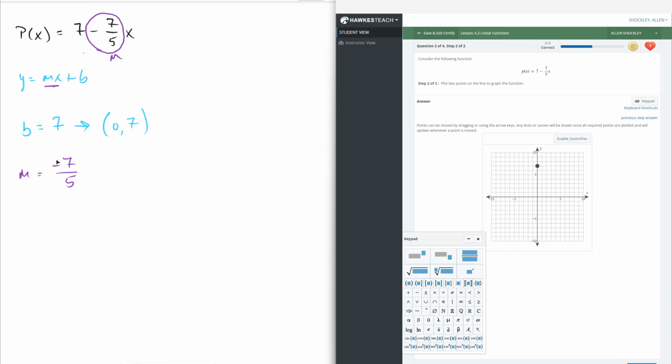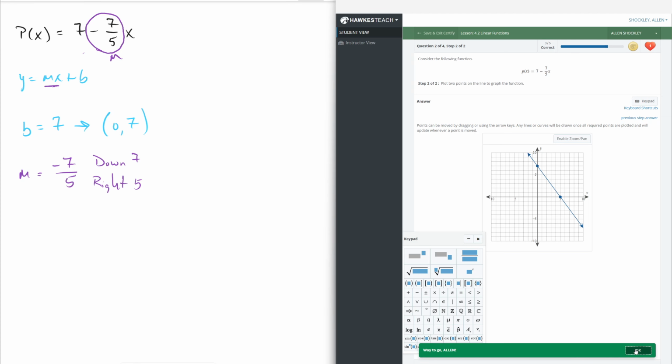My slope says negative 7 over 5. Since this is negative, this says down 7. Because the 5 is positive, we're going to go right 5. So down 7, 1, 2, 3, 4, 5, 6, 7, and to the right 5. There we go.